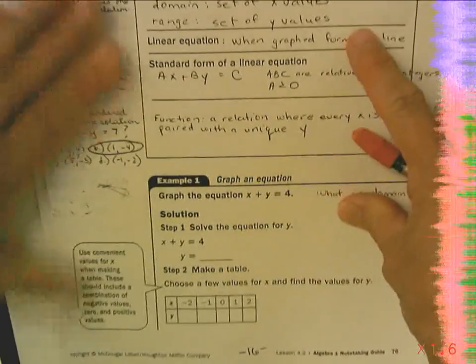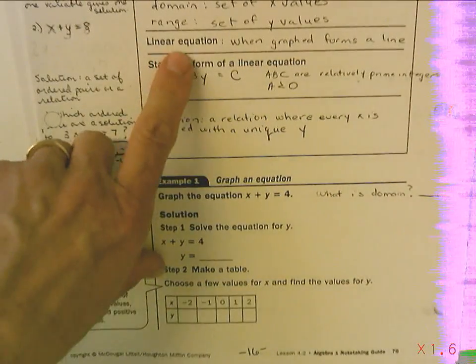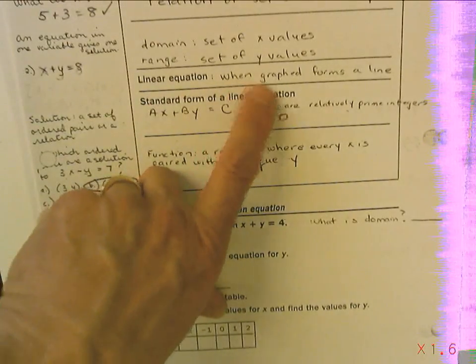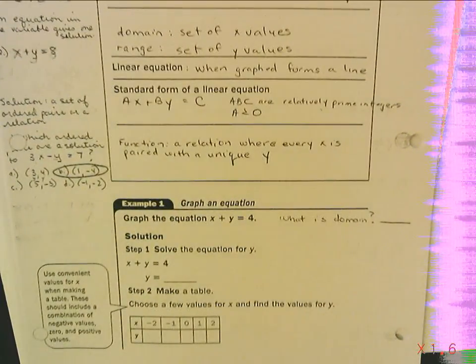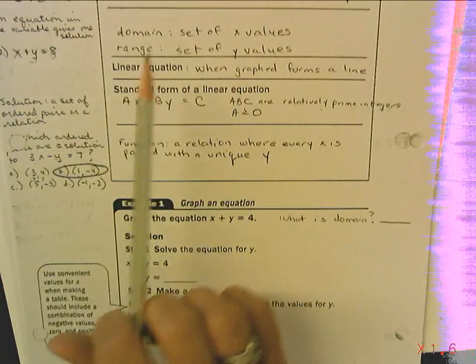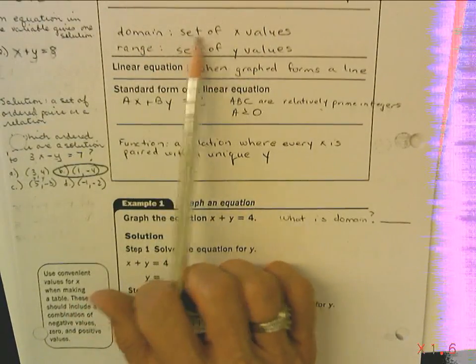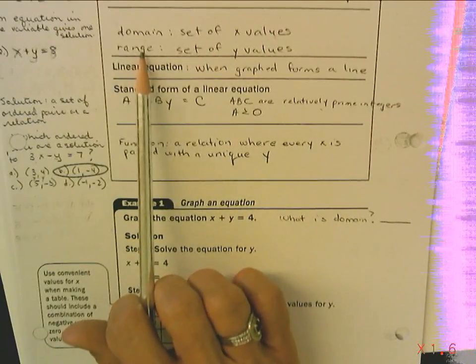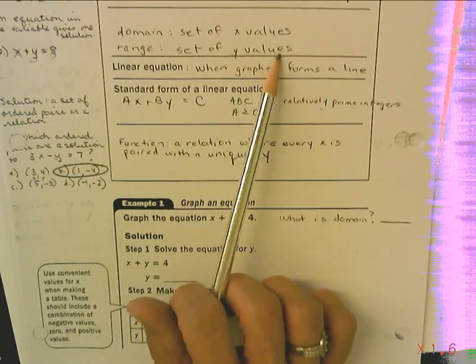Okay? So now, we know what a linear equation is. We've done that before. A linear equation, when graphed, forms a line. Okay? So we know when we graph a set of ordered pairs, if it forms a line, it's a linear equation. We know that our domain is a set of x values, and the range is a set of y values.